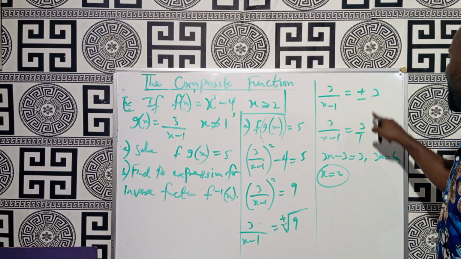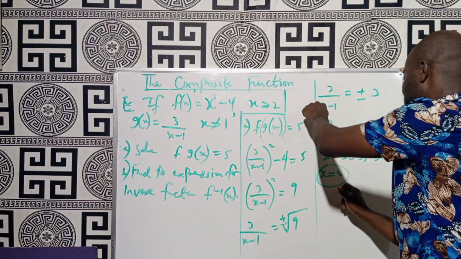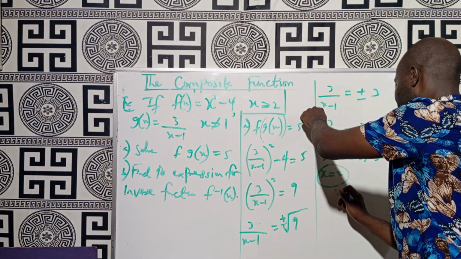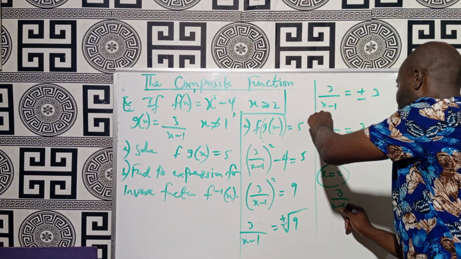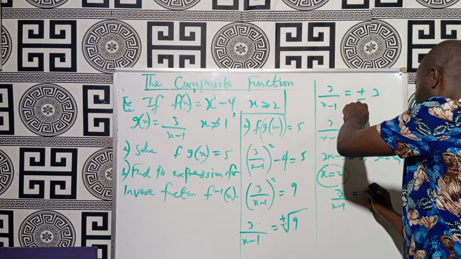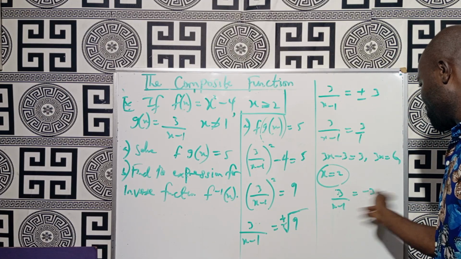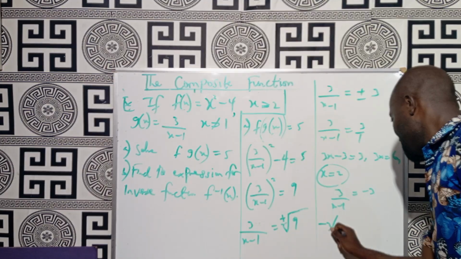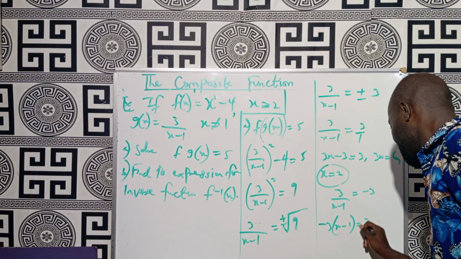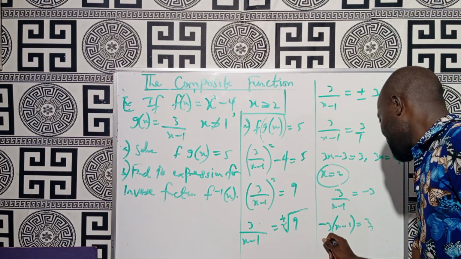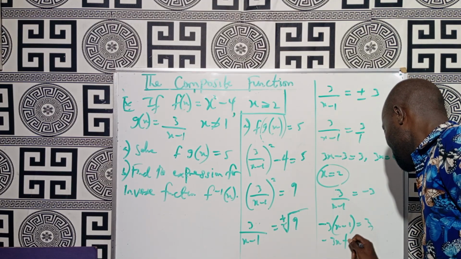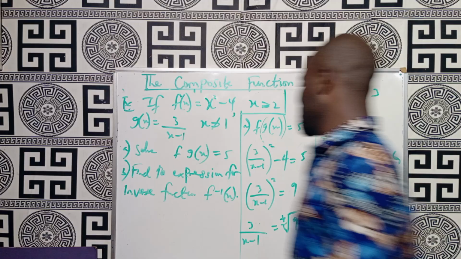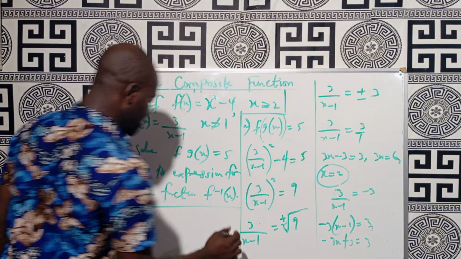If I'm using minus 3, it will be 3 all over x minus 1 equals minus 3. Understood? So solving the equation: minus 3 into brackets x minus 1 equals 3. So I'm going to have minus 3x plus 3 equals 3.